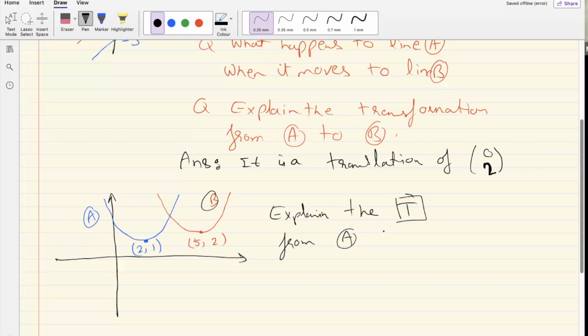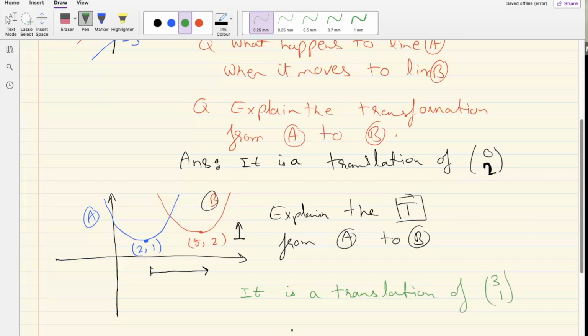from A to B. May I say it moved 3 units in x-axis and it moved 1 unit in positive y-axis. It is a translation of 3, 1. Any disagreement?